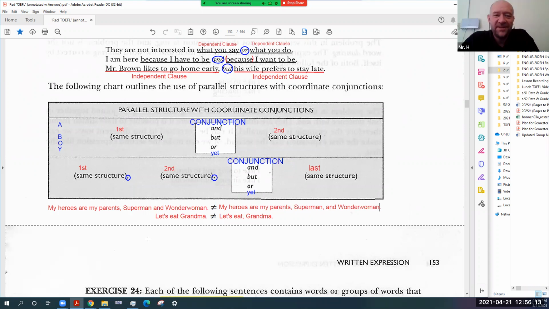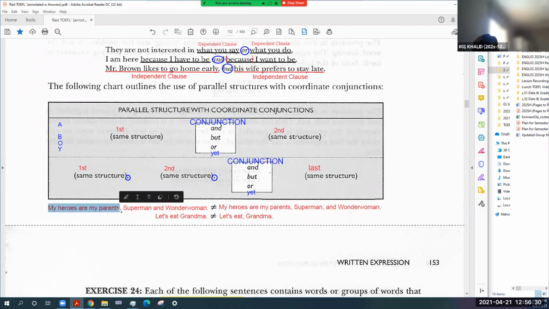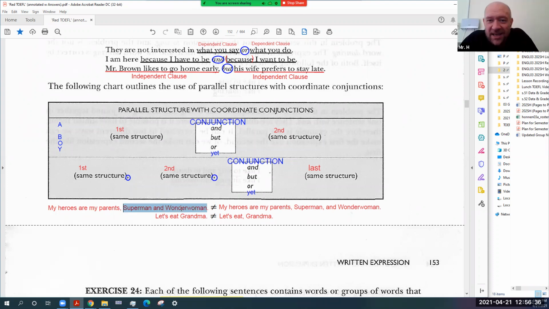What does that mean? If you forget the comma, the meaning changes. What does it mean, Khalid? My parents are Superman and Wonder Woman.